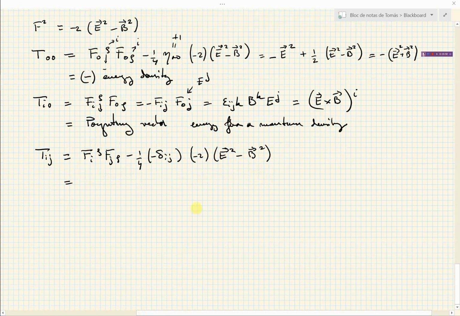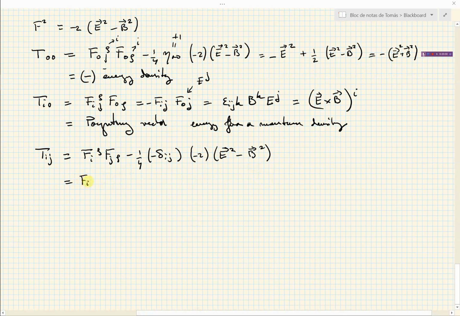If it is 0, we get Fi0 Fj0, and if it is k, then I lower this index and then I get minus FikFjk, and here I have 1, 2, 3 minus signs, so it is minus a half delta ij (E squared minus B squared).